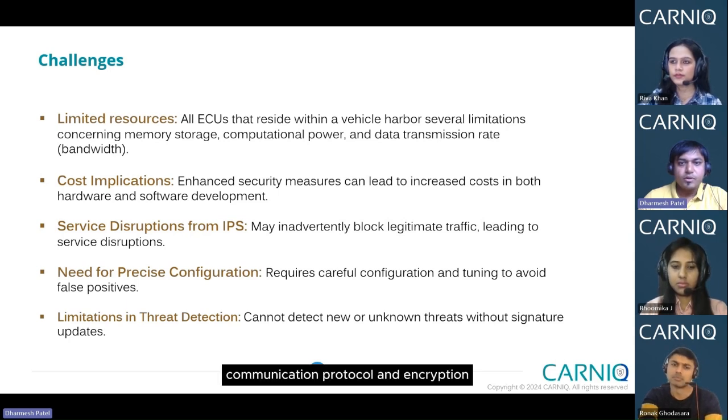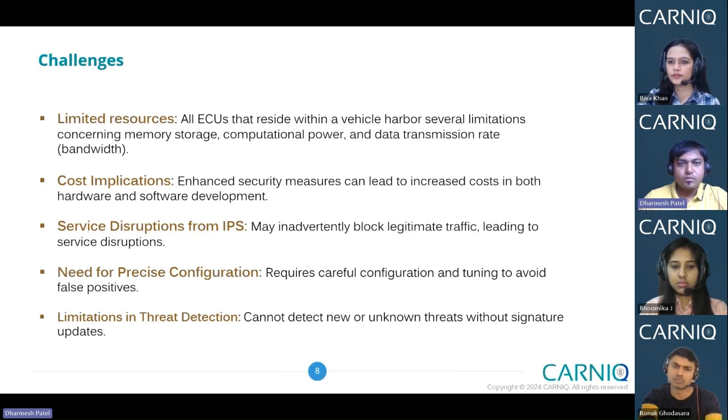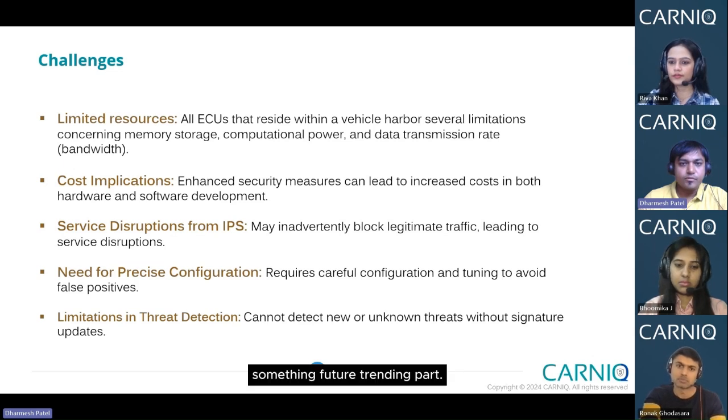More secure communication protocols and encryption methods will be used, so identifying whichever technologies are in use and setting up rules for them as IPS rules in the IPS system. That will also be a future trend.